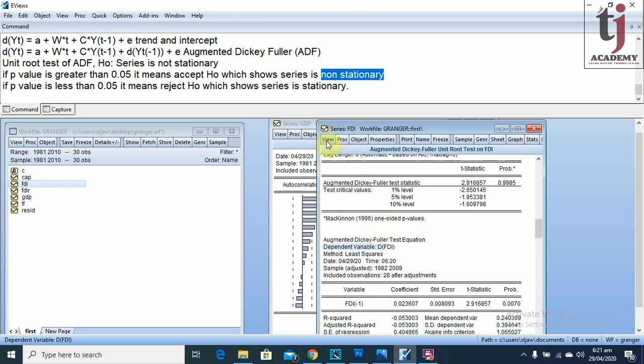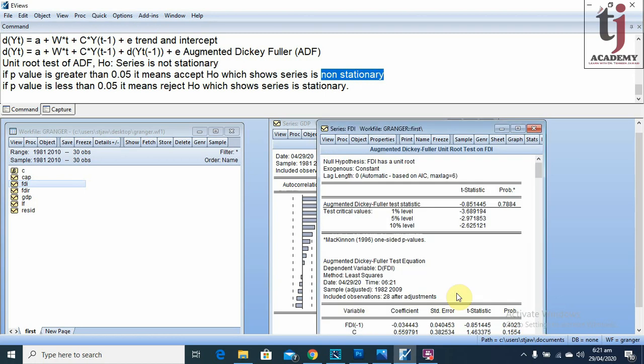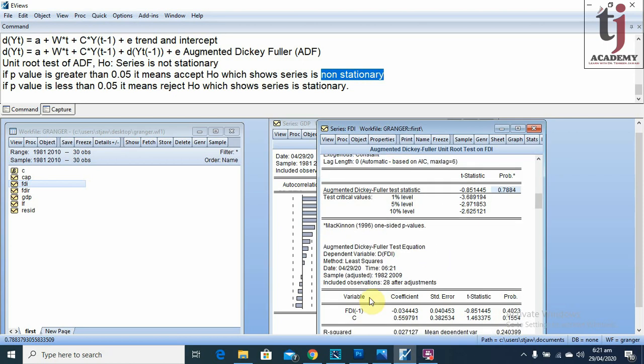Now view, unit root test. If we apply the intercept, then okay. The result also shows the value is greater than 0.05, which means accept H0, the series is non-stationary, but you can see the equation includes a constant term.